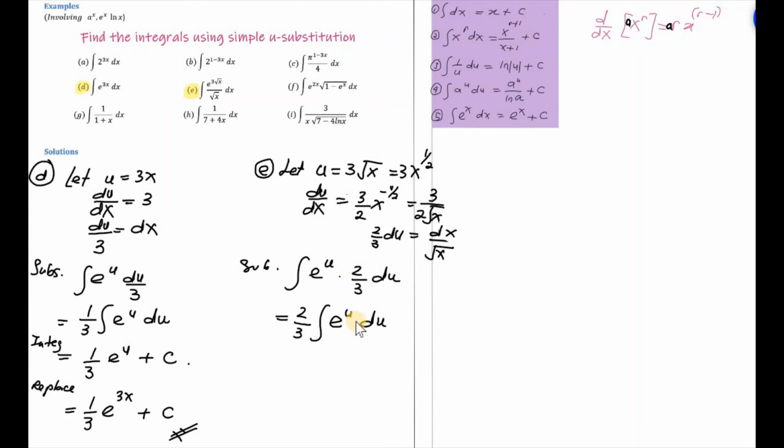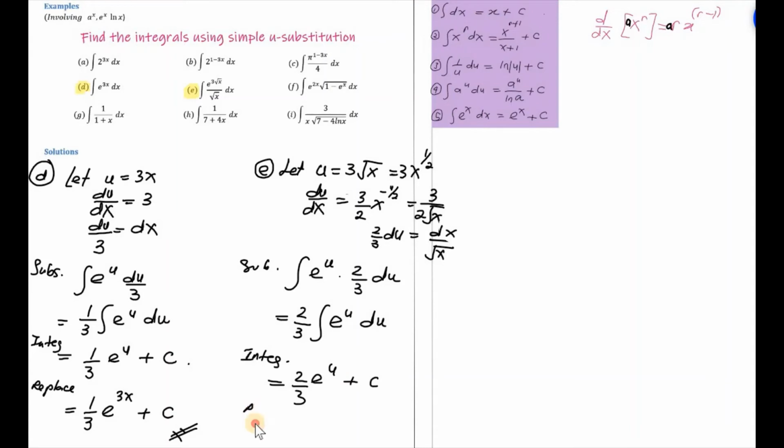So we substitute. Before we integrate, make sure that you put your constant up front, and then let's integrate. We have 2 on 3 integral of e power u du, which is e power u. Very good.